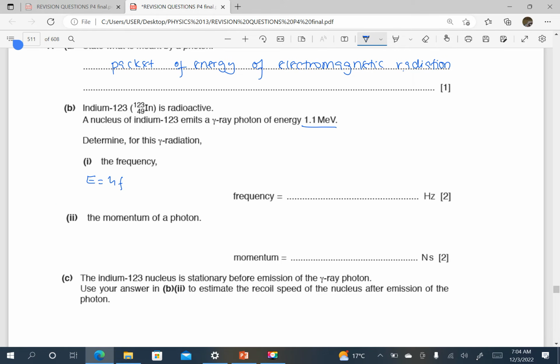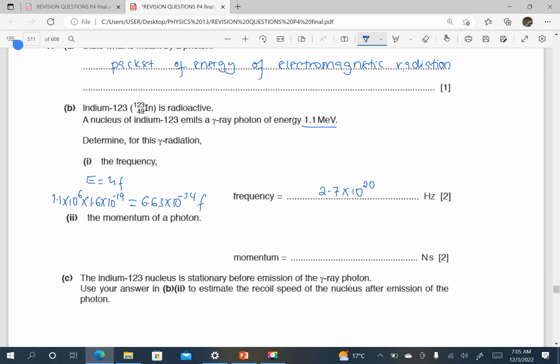The energy was given as 1.1 times 10 power 6 to remove mega, times 1.6 times 10 power negative 19 to change it to joules. Planck constant is 6.63 times 10 power negative 34, times f. We pressed our calculator and I think we got 2.7 times 10 power 20 hertz, or 2.65 times 10 power 20 hertz.